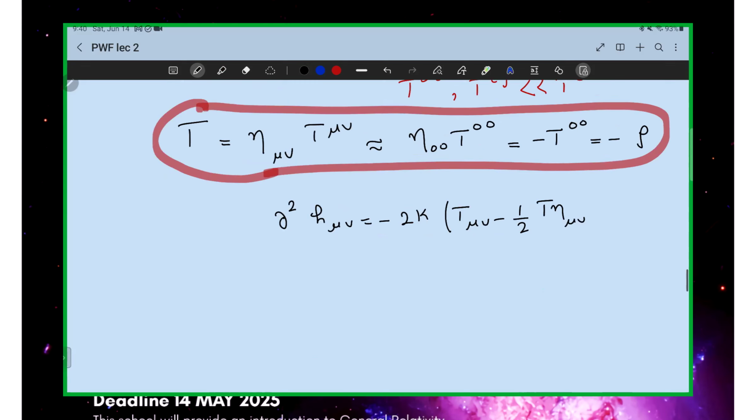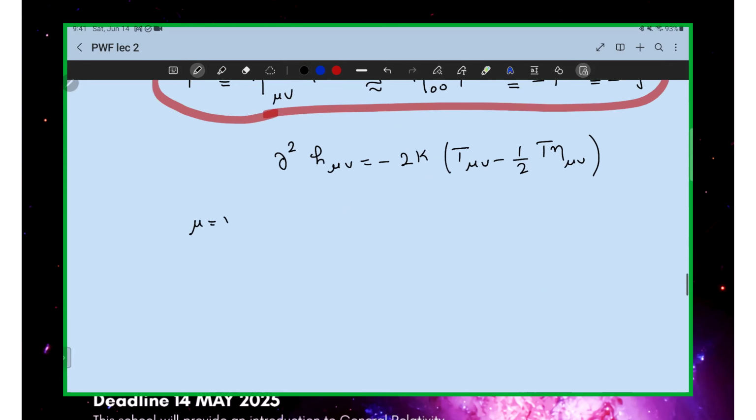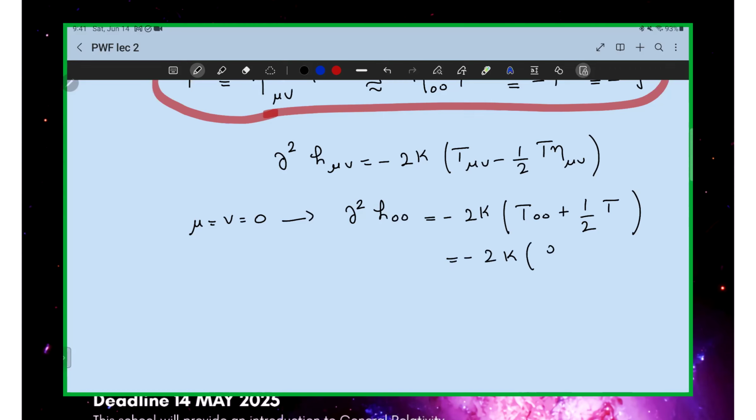Now, if you choose mu and nu both equal to 0, so just consider the mu and nu equal to 0 component of this equation, what does it give you? Well, it gives you H naught naught equals minus 2 kappa times T naught naught minus 1 over 2 T times eta naught naught. Eta naught naught is just -1. Well, this gives you minus 2 kappa times rho plus 1 over 2, and we saw that T is minus rho.